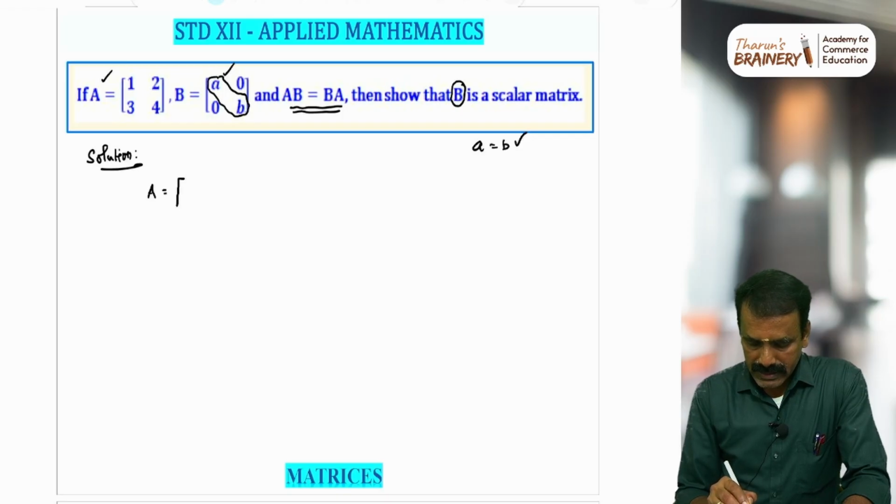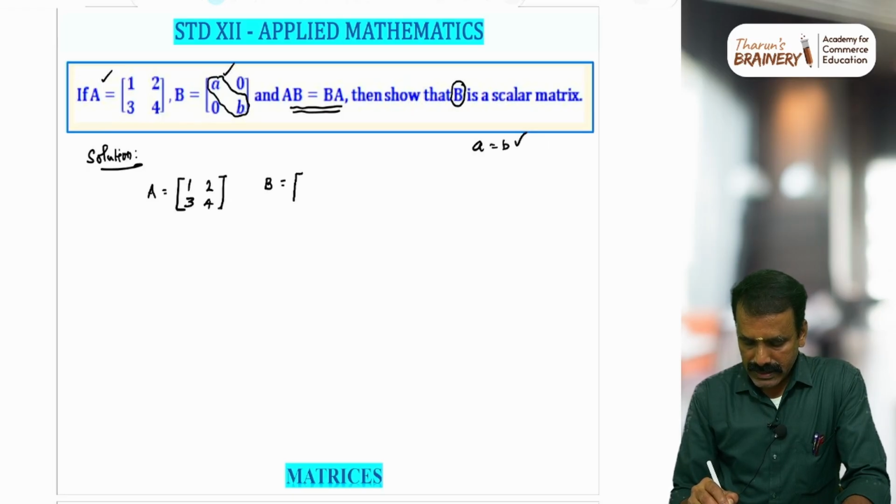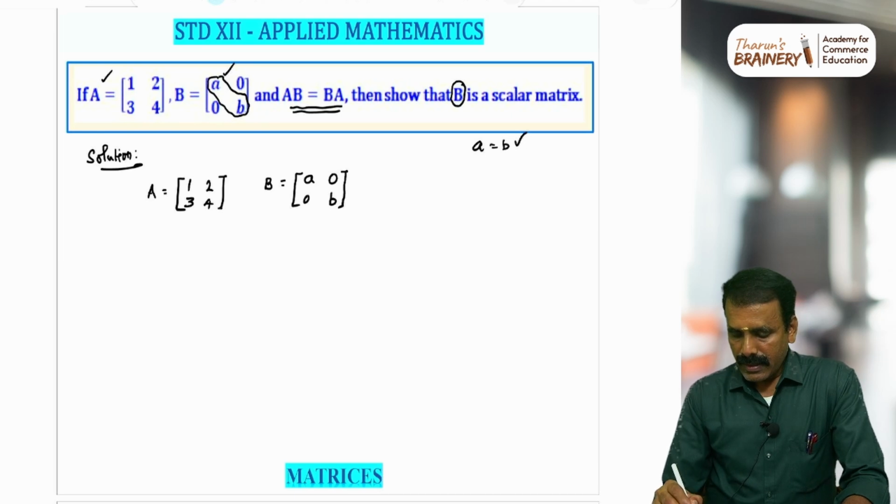A is a matrix with 1, 2, 3, 4. B is a matrix a, 0, 0, b. And A is a matrix of order 2 by 2. Just we check the product order.